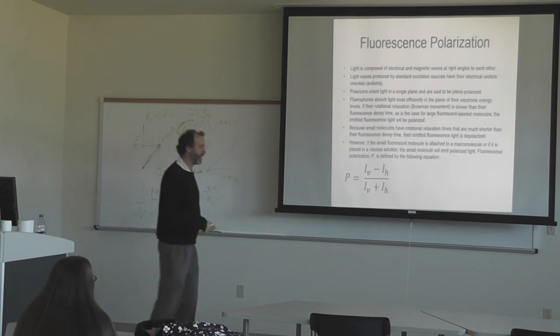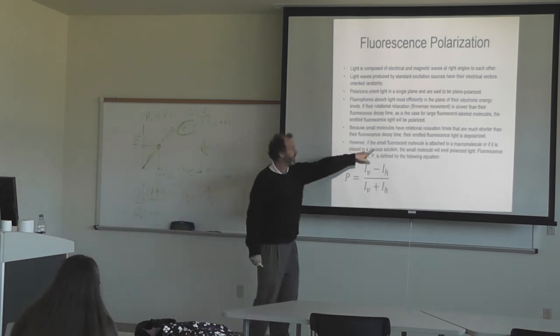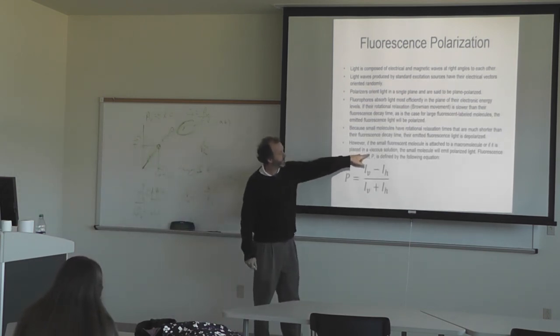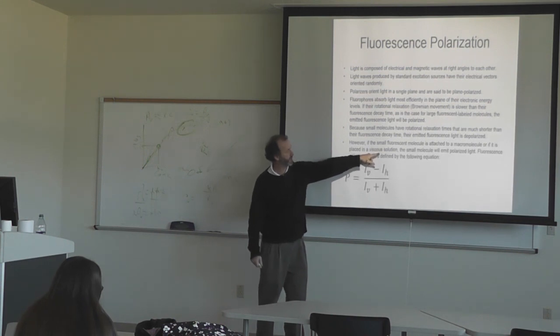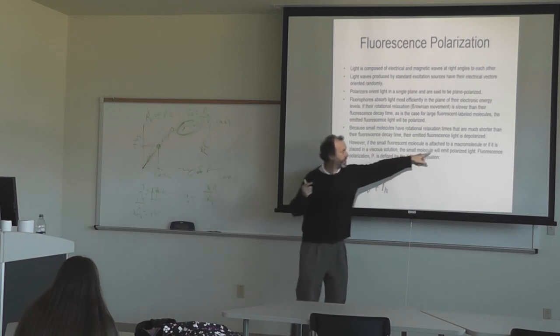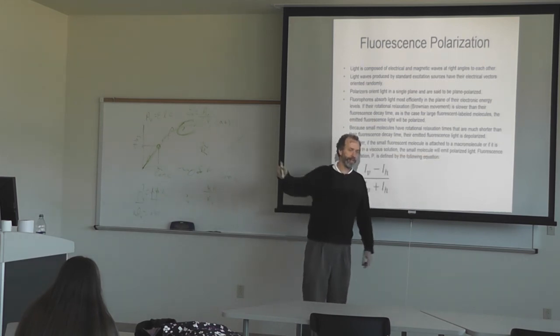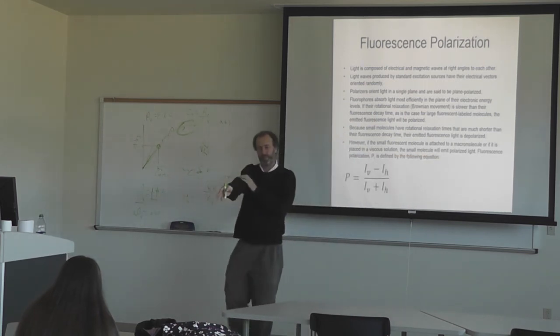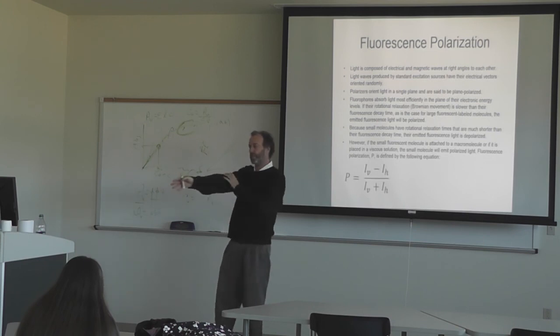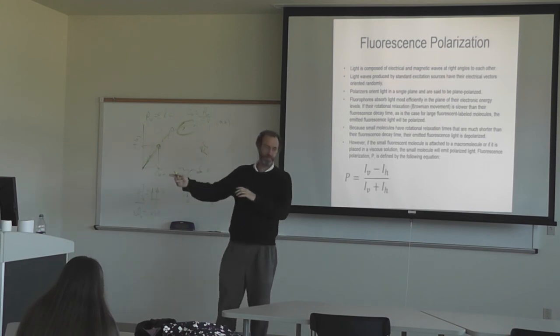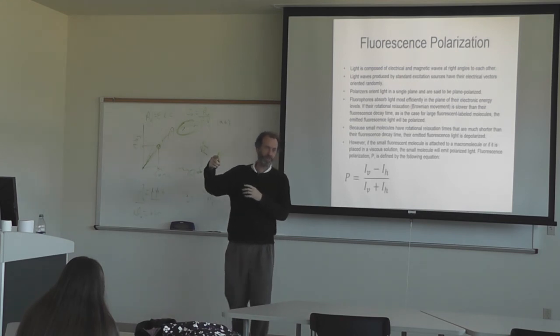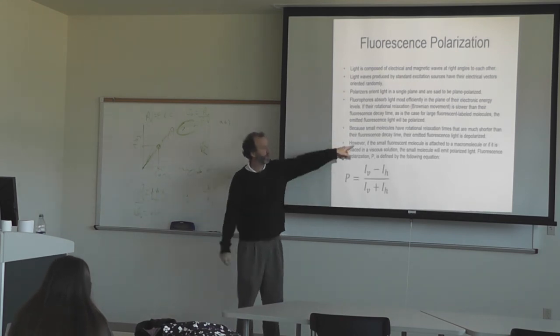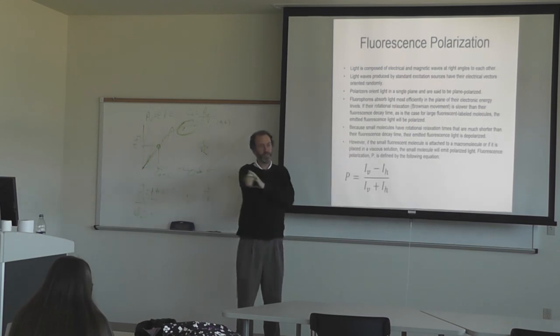So if it's attached to a large molecule, or placed in a viscous solution, anything that slows the rotation down, that small molecule will then emit polarized light. Otherwise they fluoresce and then rotate, emitting unpolarized light because they're spinning so fast. But attached to a large molecule, the light is polarized, so you can measure that polarized fluorescence.